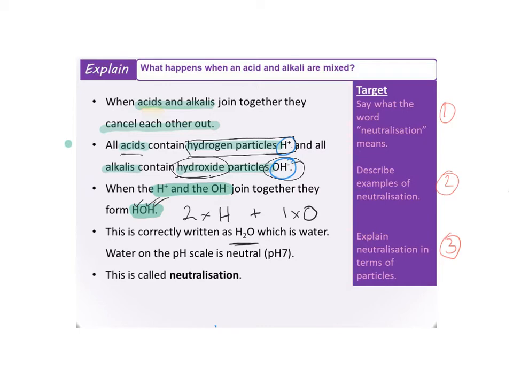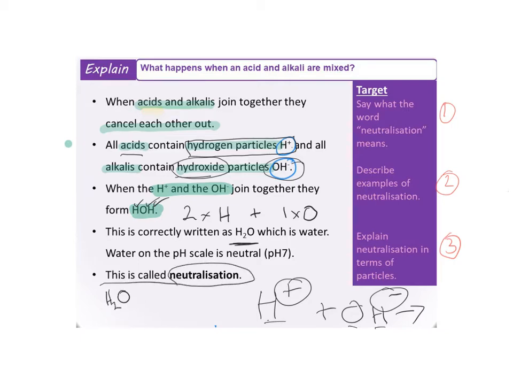The OH and the H plus are attracted to each other because the H plus and the OH minus will attract together because they are opposite charged. It makes water because we have got the 2 hydrogens and the 1 oxygen. And this is called neutralization.